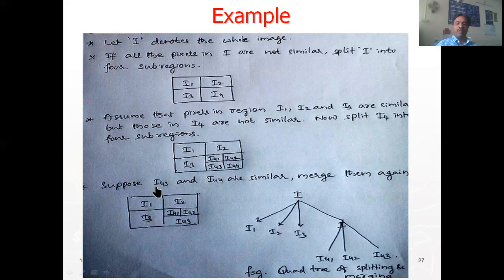Suppose after segmentation I43 and I44 are similar, they can be merged as shown here. And we will be left with I41, I42, and I43.